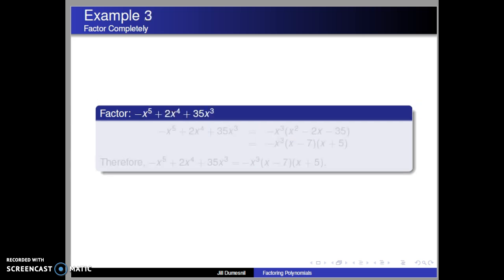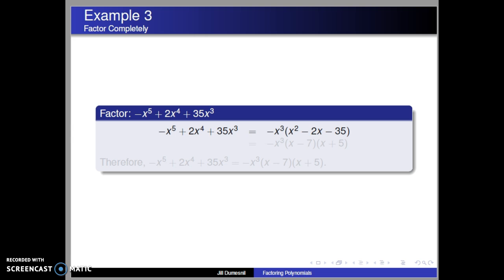Now let's factor minus x to the 5th plus 2x to the 4th plus 35x cubed. We have a common factor of x cubed, but because the leading coefficient is negative, we factor out a negative x cubed, leaving a quadratic of x squared minus 2x minus 35.